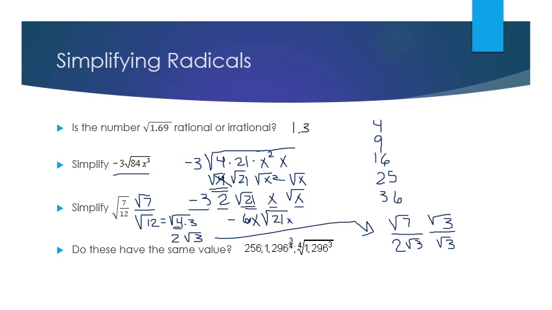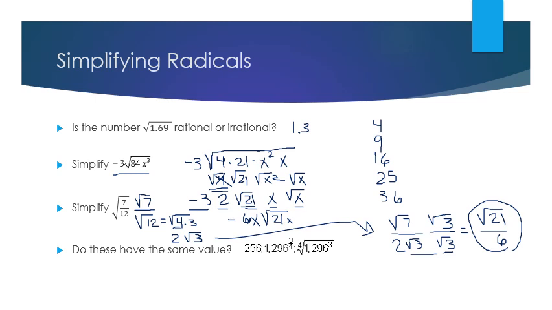I have to multiply the top by the same value, or it won't have the same value in the end. The square root of 7 times the square root of 3 is the square root of 21. The square root of 3 times the square root of 3, however, is just 3, and 2 times 3 is 6. So this would be the simplified way to write the square root of 7/12.